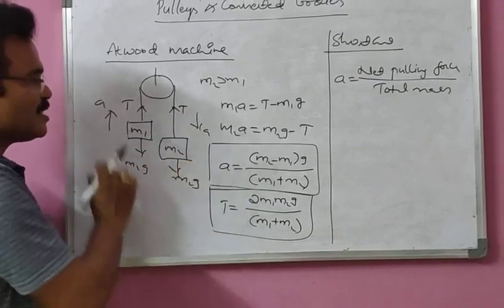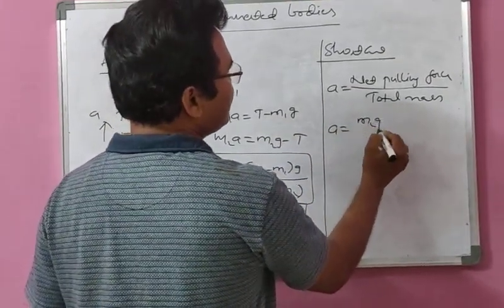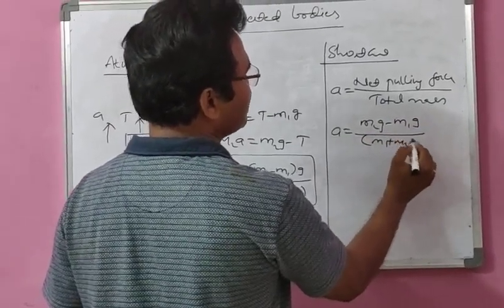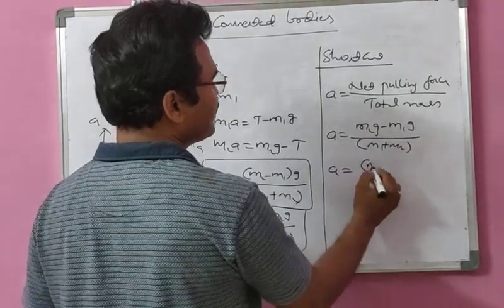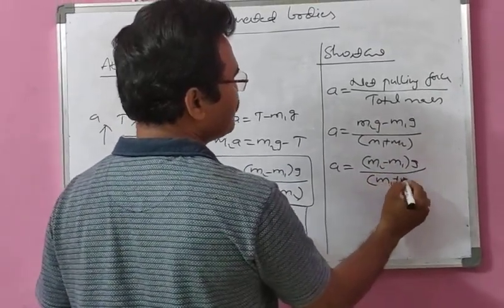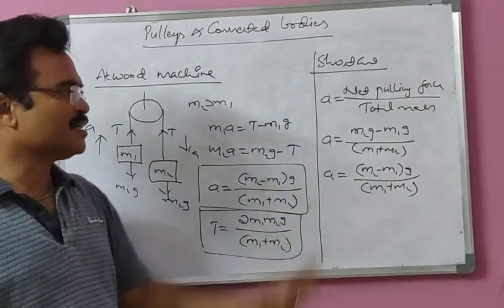So what is the net pulling force here? The net pulling force becomes M2g minus M1g, by total mass M1 plus M2, which turns out to be (M2 minus M1) g by (M1 plus M2). Means within a single step we got this acceleration value.